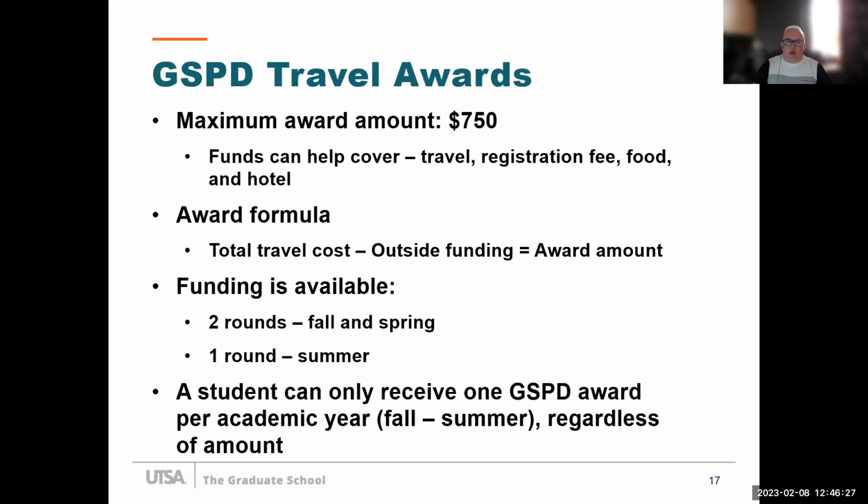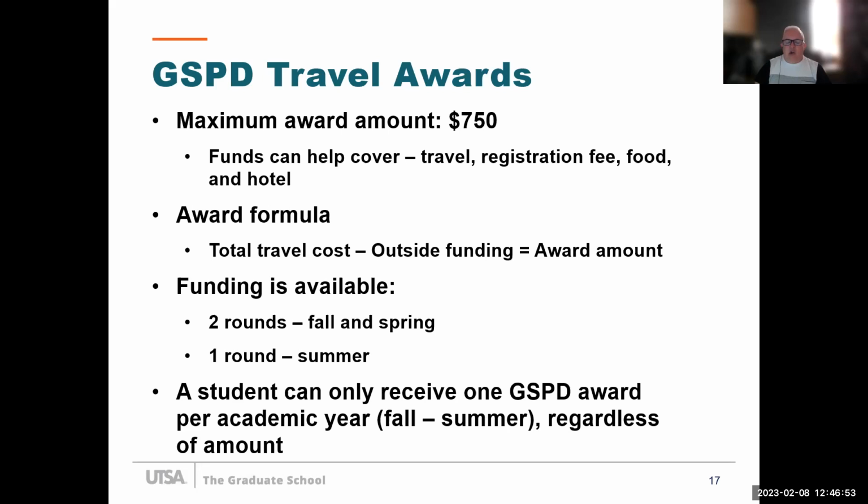Funding is available 2 times in the fall, 2 times in the spring, and 1 time during the summer. Now, I want to make something very clear, because this is where confusion sets in. Students automatically think that as soon as they submit their application, we are reviewing, giving you an award amount, and dispersing those funds.